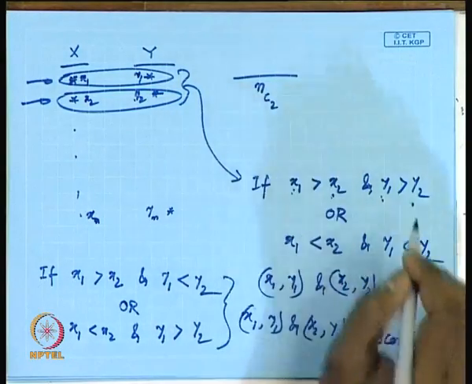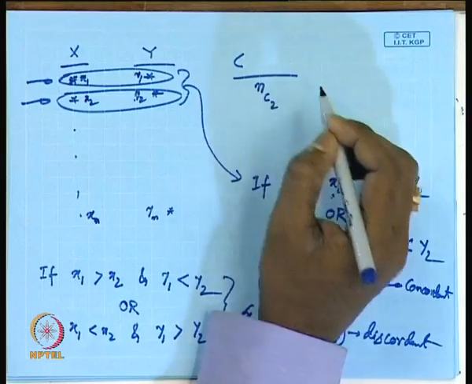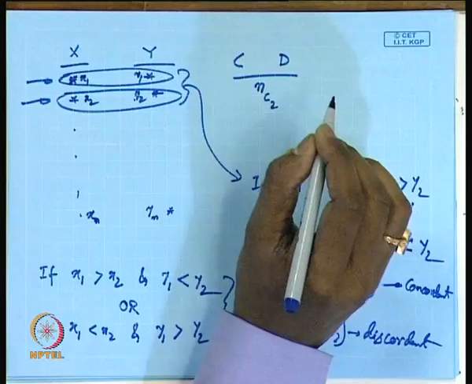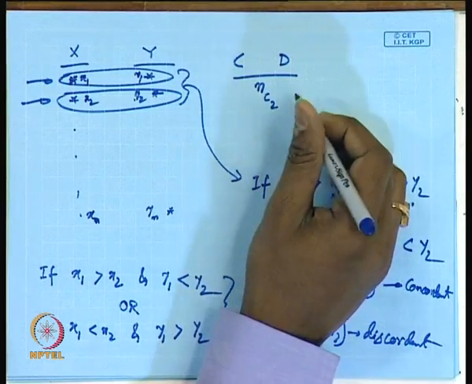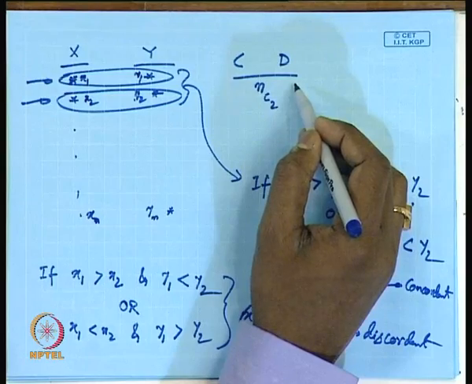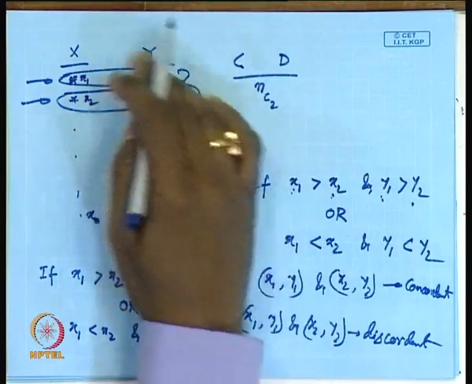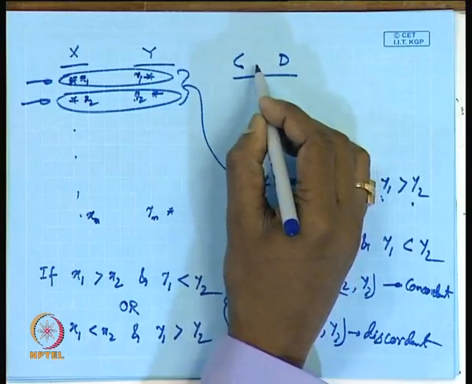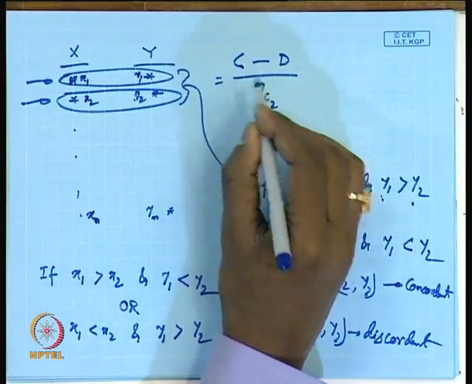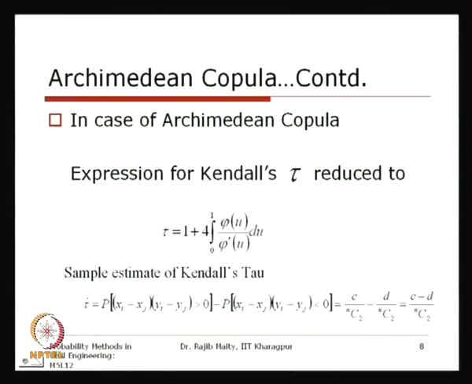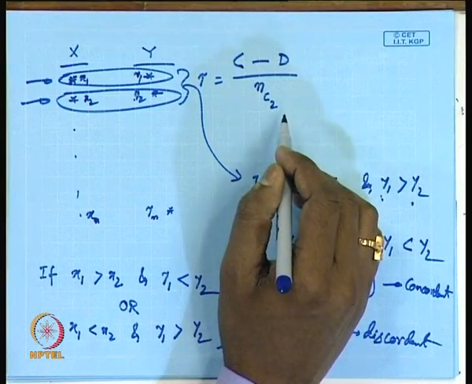Suppose the total number of concordant pairs is C and the total number of discordant pairs is D. The definition says it is the probability of the concordant pair minus the probability of the discordant pair. The probability of concordant pair from this sample is C by NC2 and the probability of discordant pair is D by NC2. If we get this, it will give the estimate for Kendall's tau from this sample.